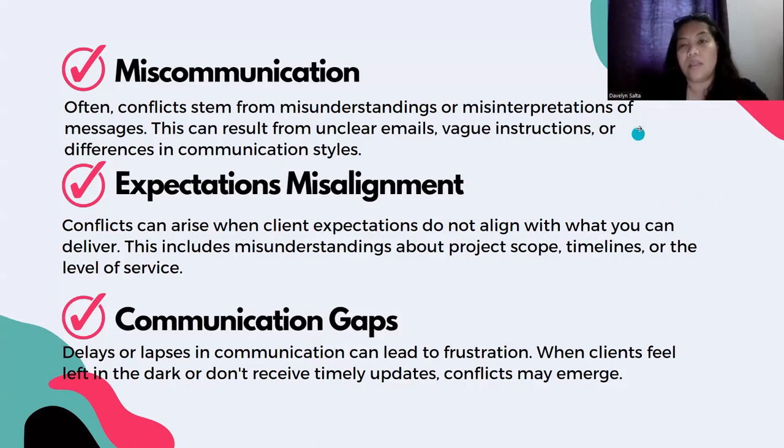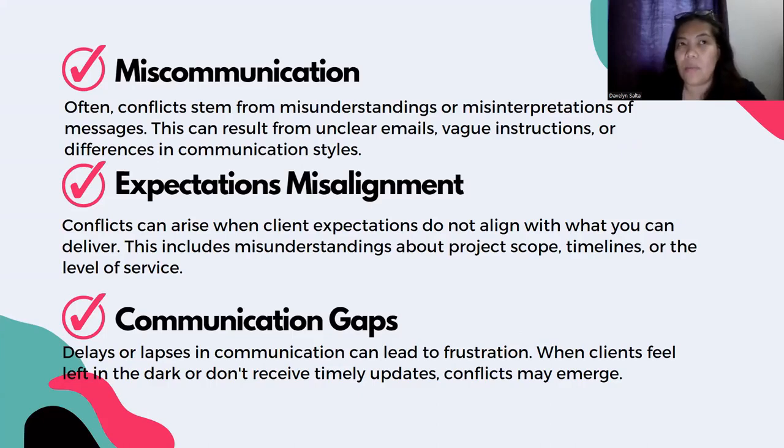So that's one type of conflict. All right, next is expectations misalignment. Your expectations don't align. Conflicts can arise when client expectations do not align with what you can deliver. This includes misunderstandings about project scope, timelines, or the level of service.